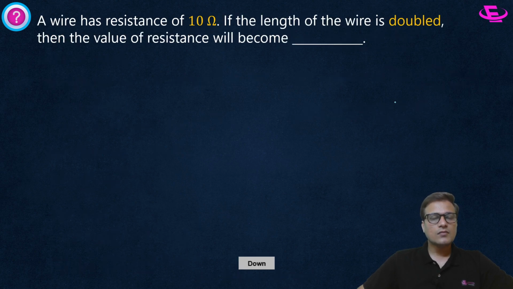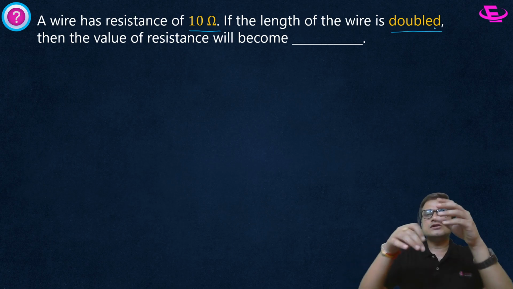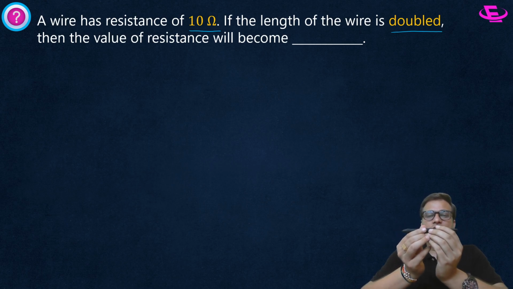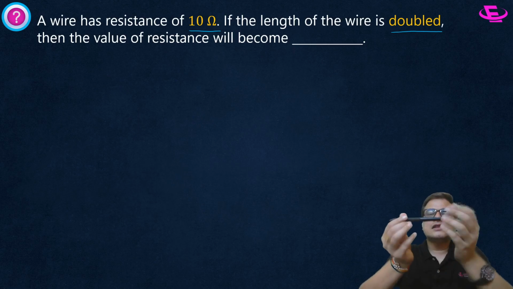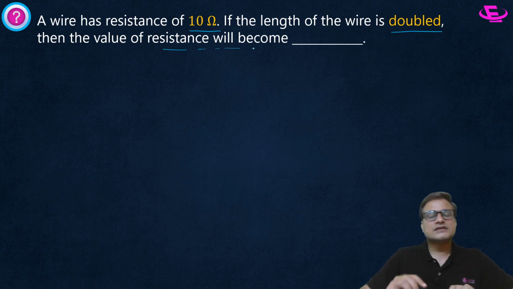Clear? Next, the next question is, a wire has resistance of 10 ohm. If the length of wire is doubled, suppose you have this wire, its resistance is given 10 ohm. Now they are asking, if the length of wire is doubled, then the value of new resistance will be how much? So how to find? See, there is a conceptual trick in this question.